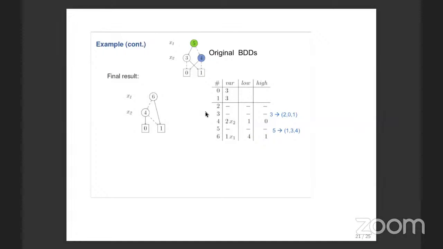But what might happen is that the resulting function may not have a compact representation, in which case the space required to represent the result can be exponential. Okay, that can happen.